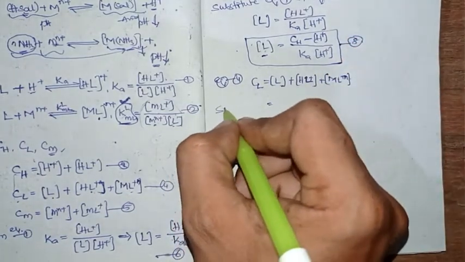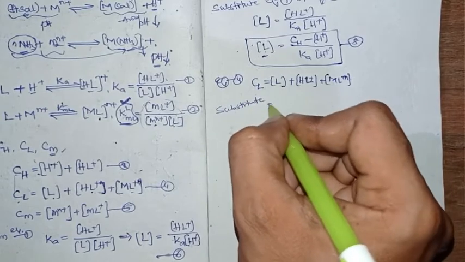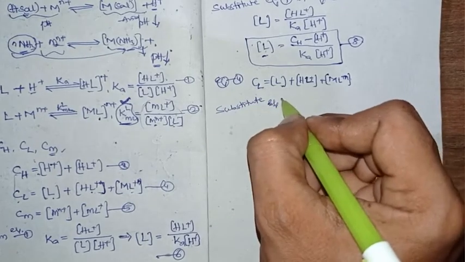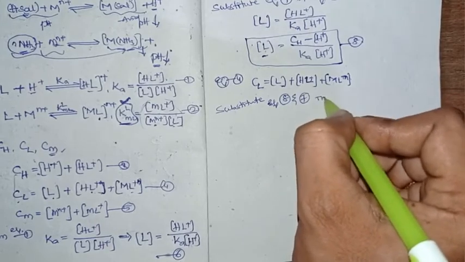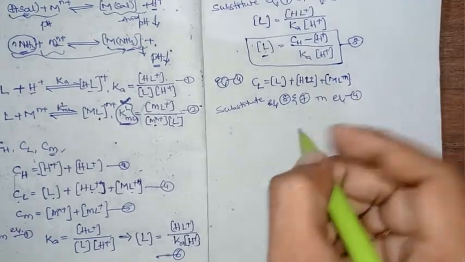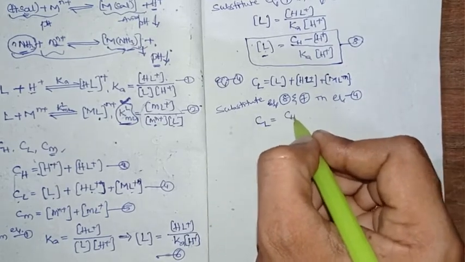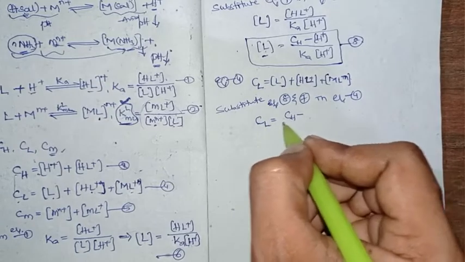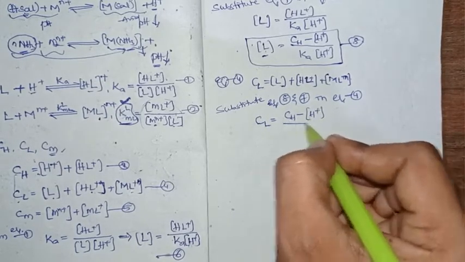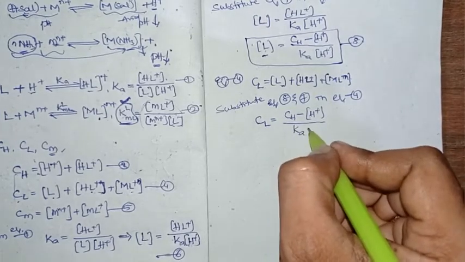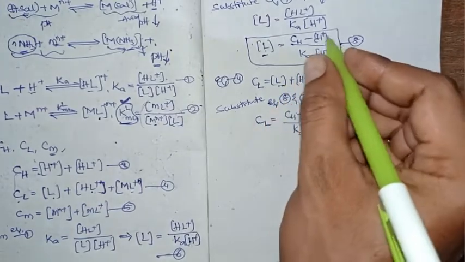So substitute equation number 8 and 7 in equation number 4. This Cl equals Ch minus the proton concentration divided by Ka into the proton concentration, right? In place of L we are writing this one.